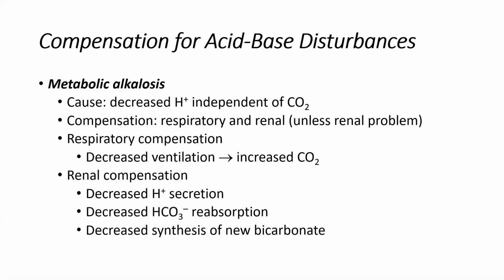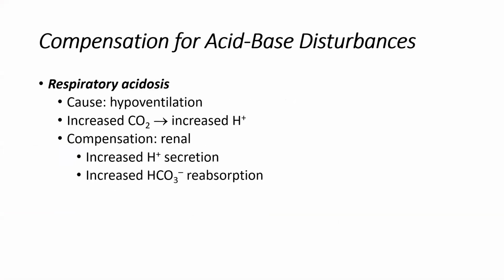So I want you to practice making a table as a study tool for these compensations. And you should be able to predict, given what we talked about so far today, what would the lungs do to correct a respiratory acidosis? Would they hypoventilate or would they hyperventilate?